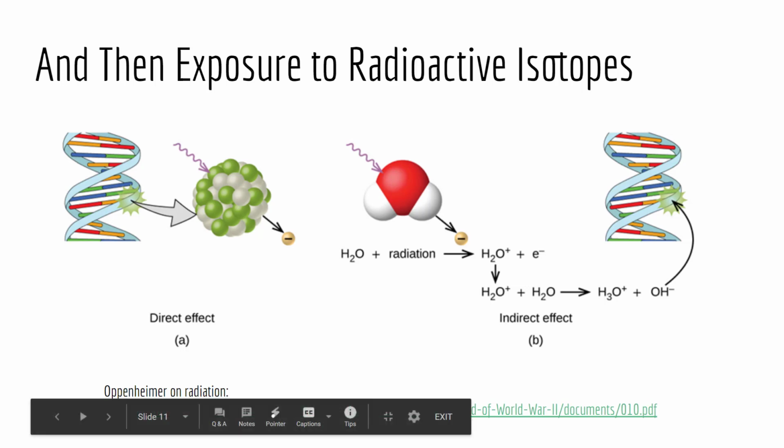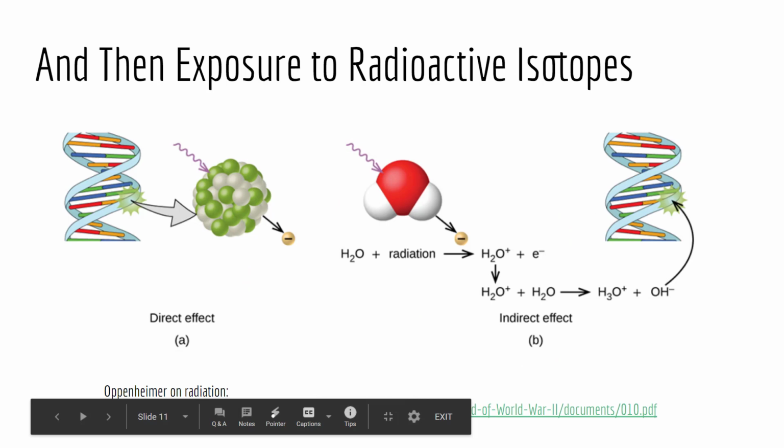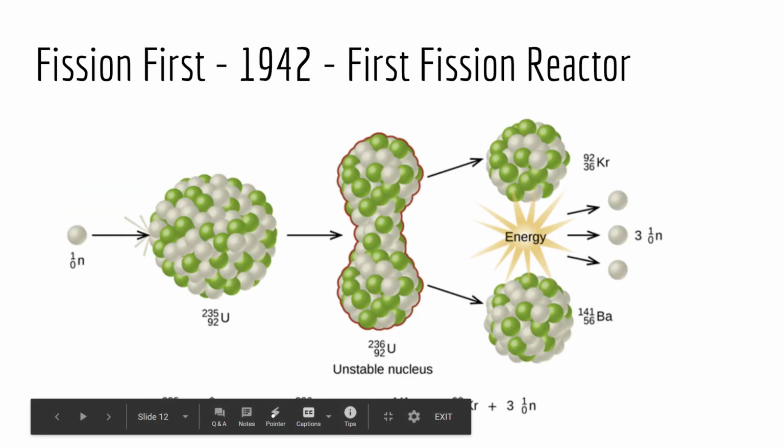I found this interesting document. It's declassified from World War II, from Oppenheimer, who was an early physicist and chemist. I've linked it in here, and I think it's worth reading. It talks about how far from a nuclear test you can be and still get radiation exposure, and all of this was real stuff that was going on.